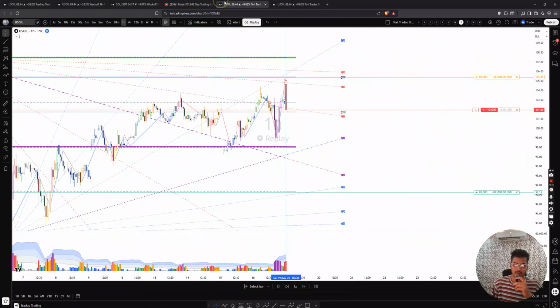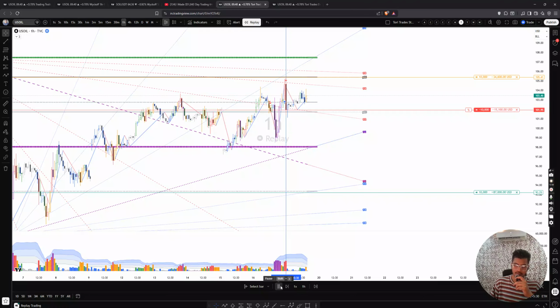Now, let me go ahead and let it continue. Again, you see this sort of candle, it's telling us to take a short trade again. And I will show you guys where the entry is.